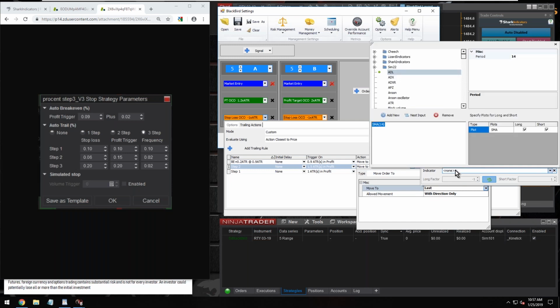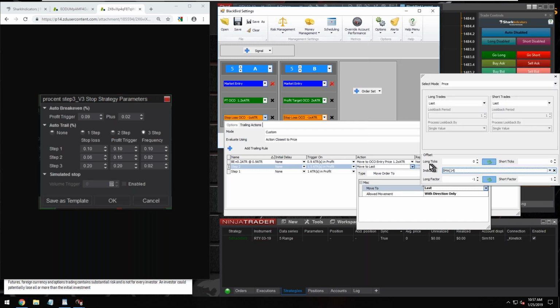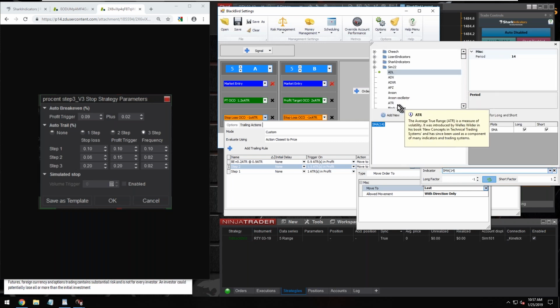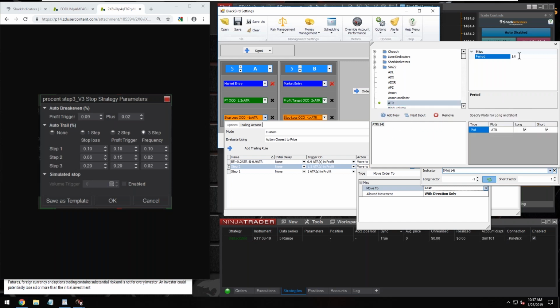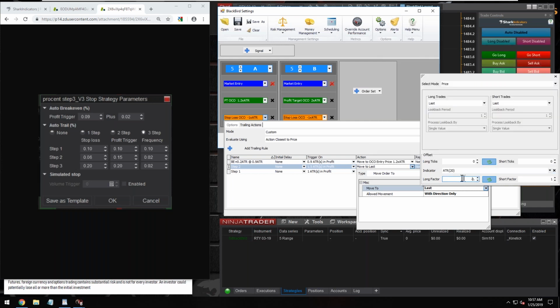So again, in our offsets here, we need to set up an ATR. And again, let's make sure that's a 20 period, like so. And then the offset here is going to be 0.06%.